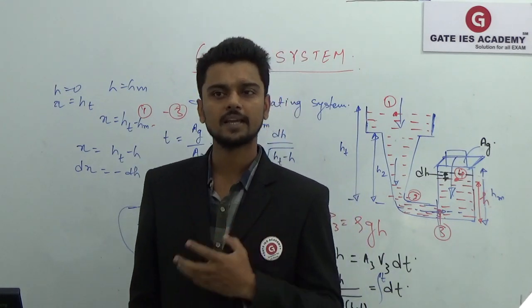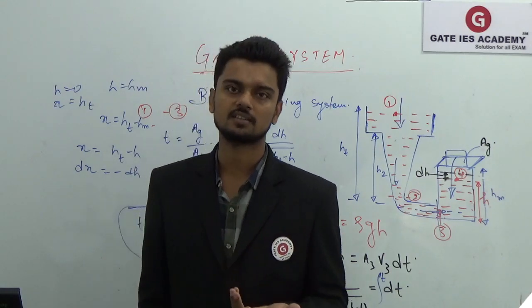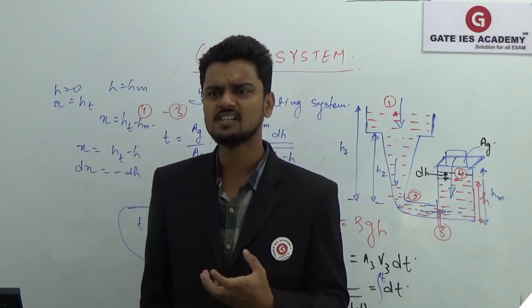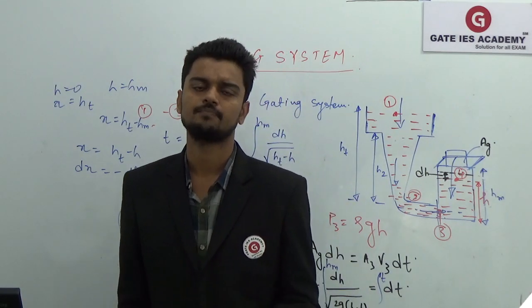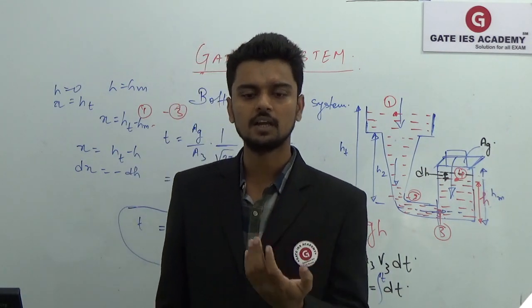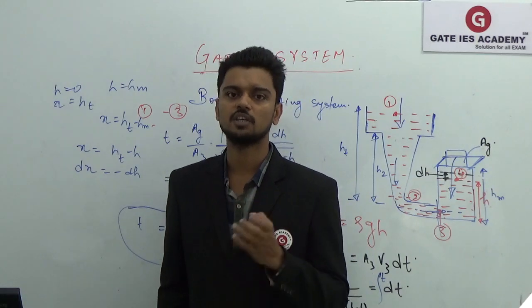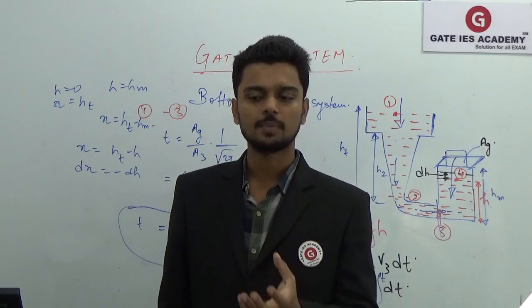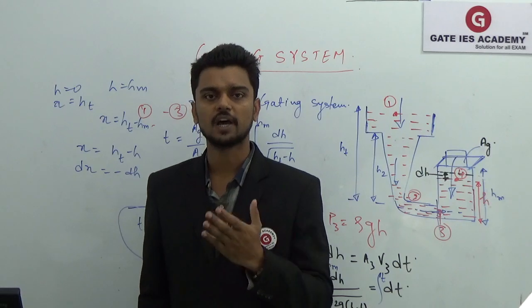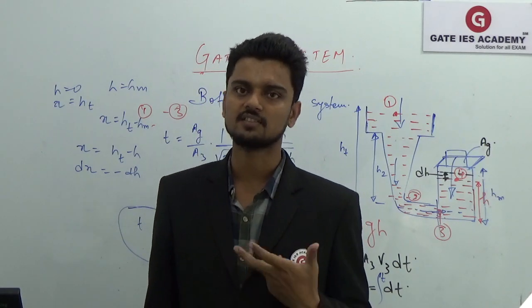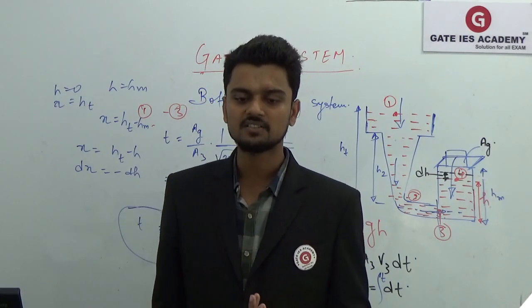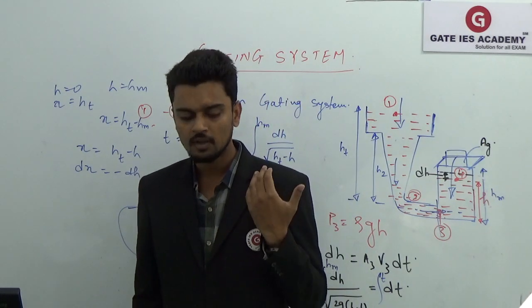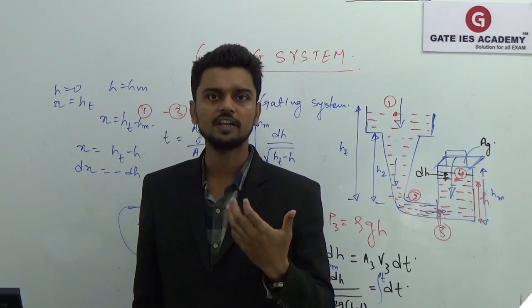But in case of top gating system, the casting yield is high. Casting yield is high means obviously there is less scrap, because casting yield is nothing but the weight of the casting upon the weight of the casting plus the molten metal solidified in your riser and in the gating system. But the advantage with the bottom gating system is that mold erosion is less.